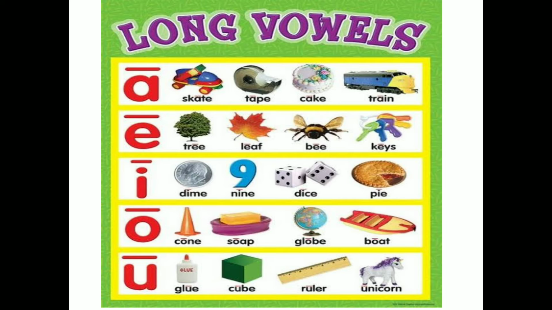E: tree, leaf, bee, keys. I: nine, dice, pie. O: cone, soap, globe, boat. U: glue, cube, ruler, unicorn.